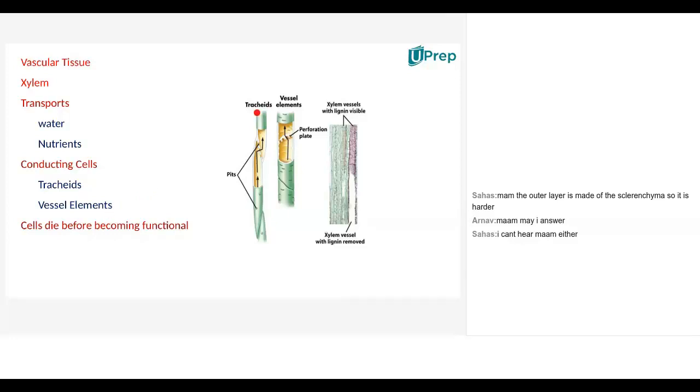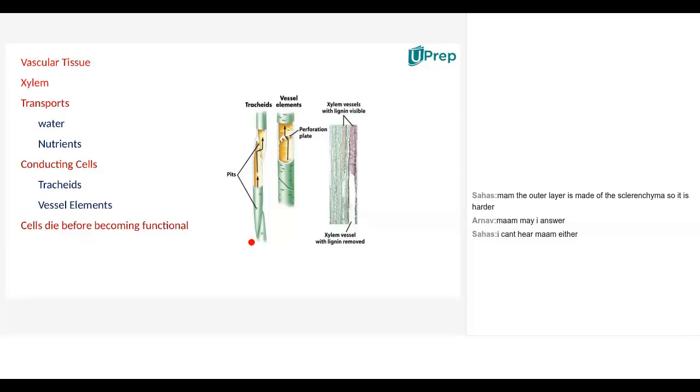You see the tracheids. This is the basic structure of a tracheid and this is the basic structure of a vessel element. Just observe the structural difference between these 2. Tracheids are somewhat narrow lumen cells with tapering tips.